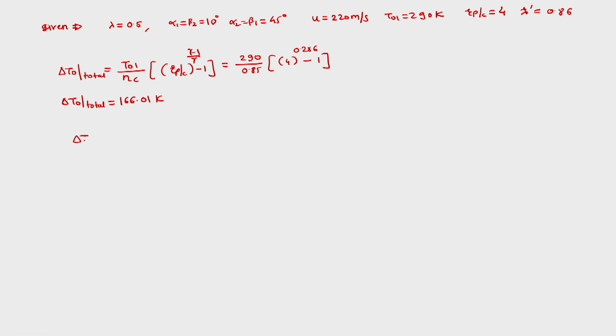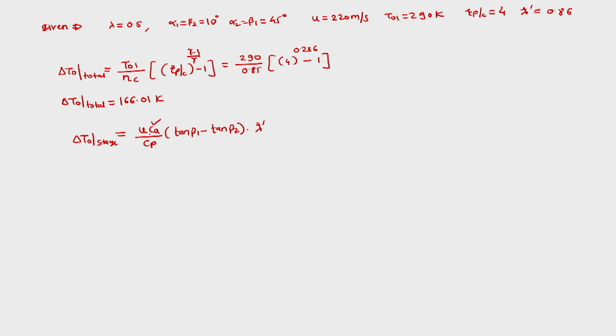For the stage total temperature change, we can use the formula which says delta T naught stage equals U Ca upon Cp into (tan of beta 1 minus tan of beta 2) into the work done factor. But before that, we have to find Ca, since Ca is required in this formula.